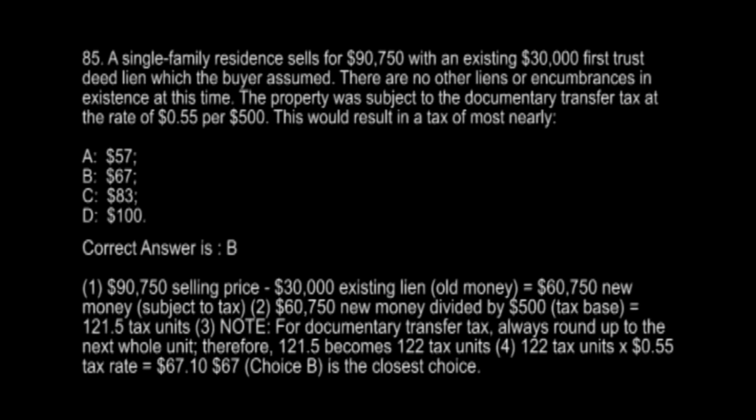Note: for documentary transfer tax, always round up to the next whole unit, therefore 121.5 becomes 122 tax units. 4. 122 tax units times 55 cents tax rate equals $67.10. Choice B, $67, is the closest choice.